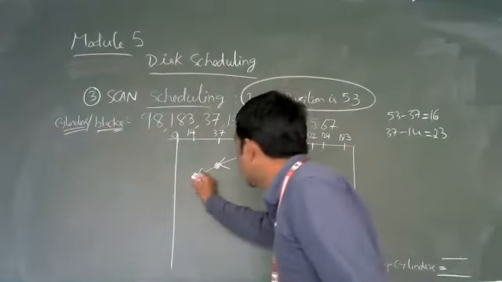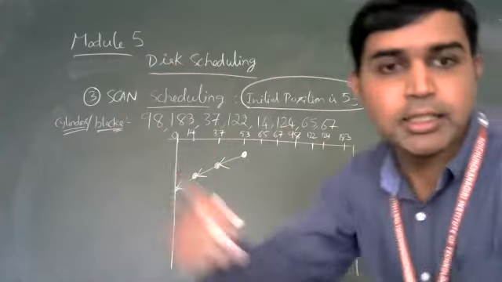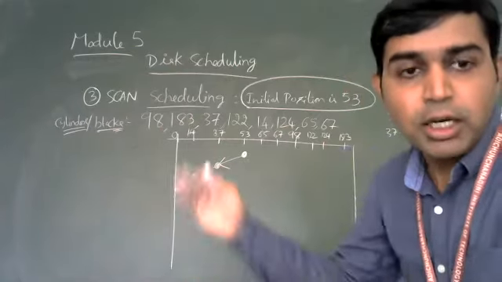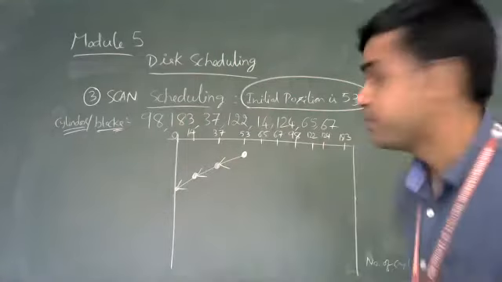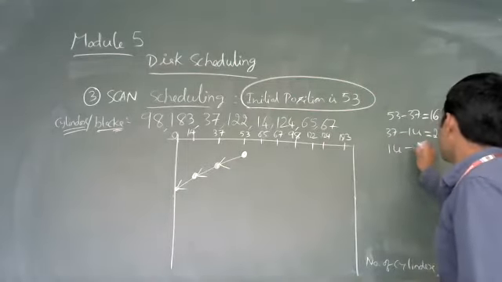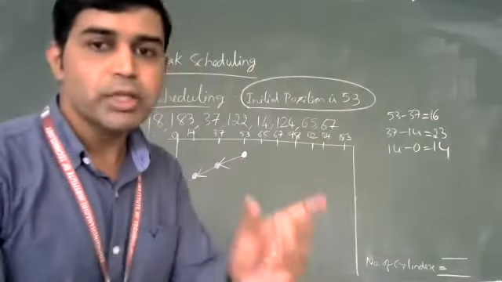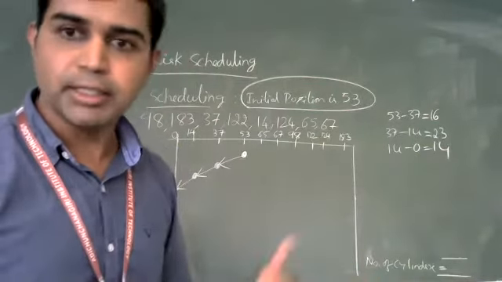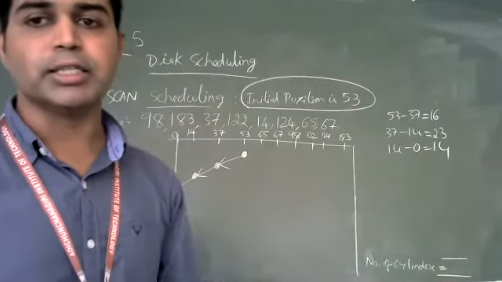I will write here 0. So it has touched the end of the disk now. That movement also we have to consider. 14 minus 0, 14. That movement value we have to consider.